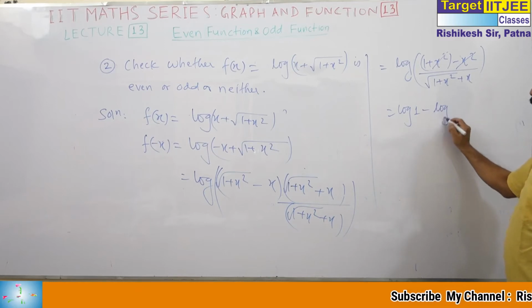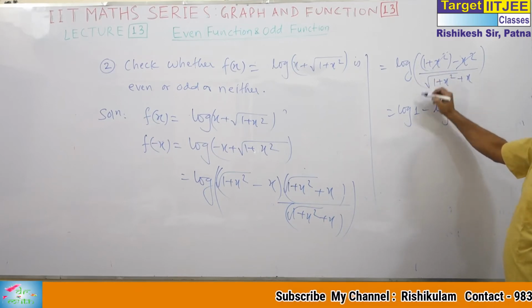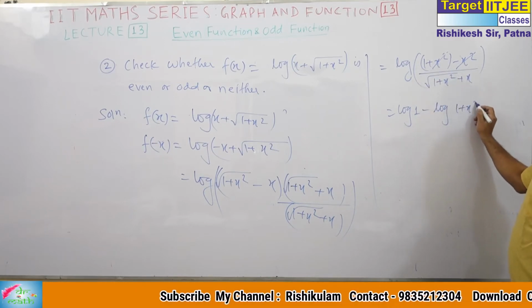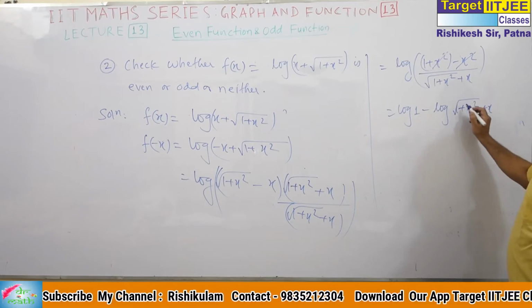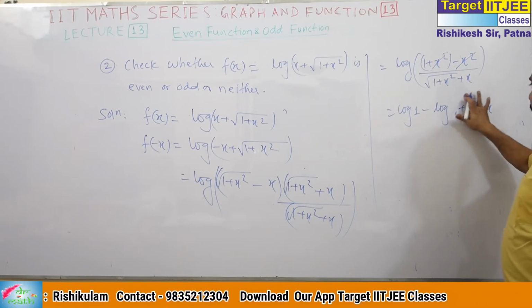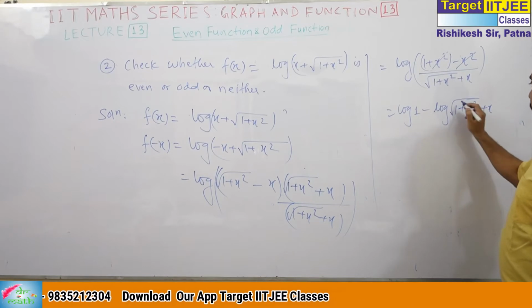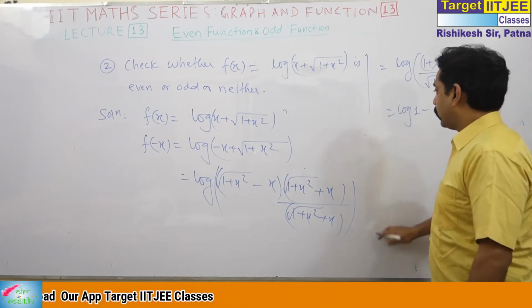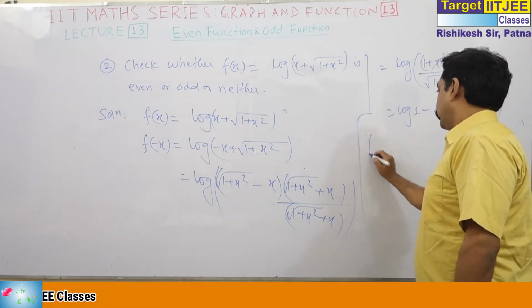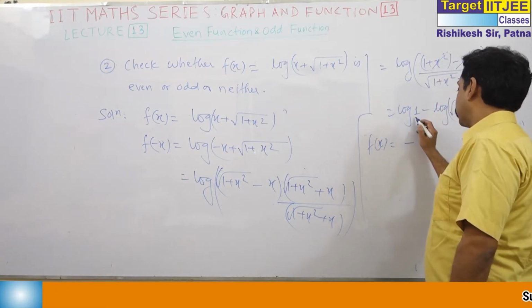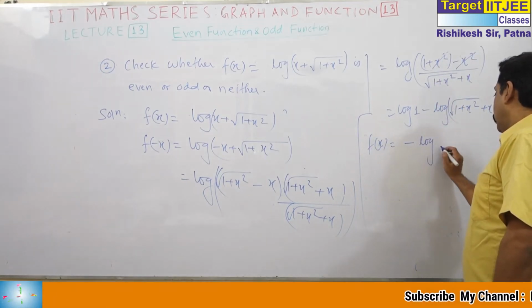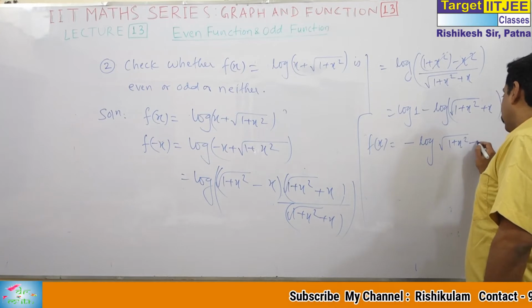This is log m minus log n, so log 1 minus log of (1 plus x square plus x). So your f(x) becomes, minus log 1 is 0, minus log of (1 plus x square plus x).